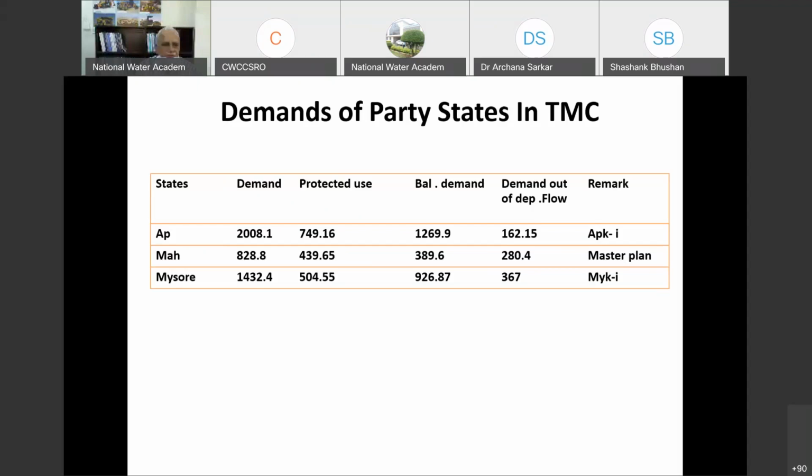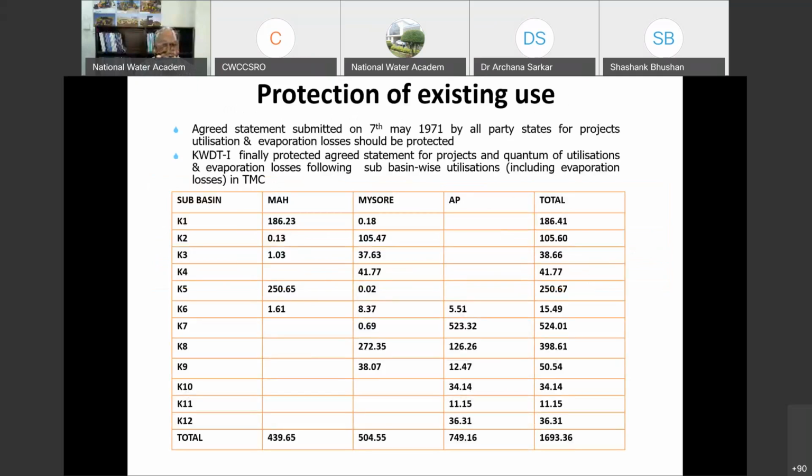So the balance water which was available for sharing is about 300 and odd TMC. This slide depicts the use from each basin which has been protected: 186.41, that is 186. Mysore has a very small 0.8.